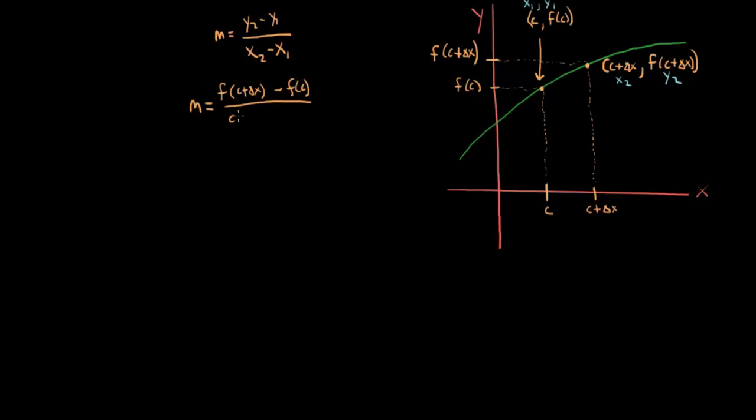Well, x2 is c plus delta x minus x1, and x1 is c. Now there's one little simplification we can do here. We could simplify the denominator a little bit. The numerator is still the same, f of c plus delta x minus f of c, over, well, we have c plus delta x minus c, so just delta x. So this would be the slope of the line that connected these two points.